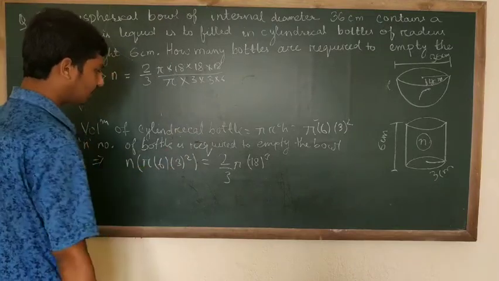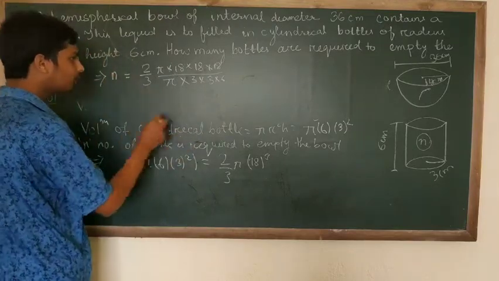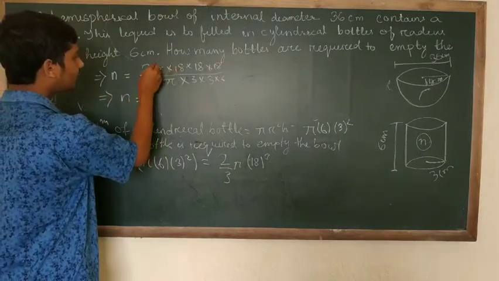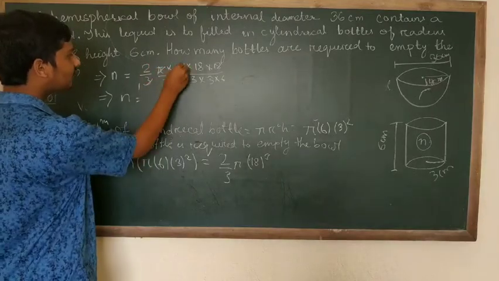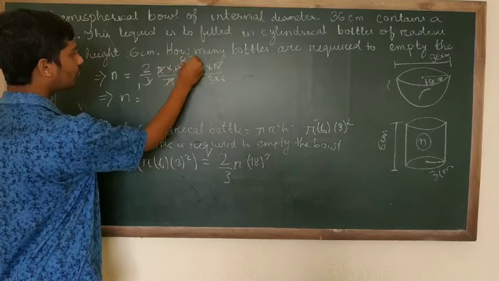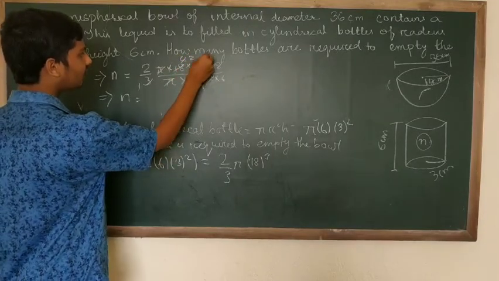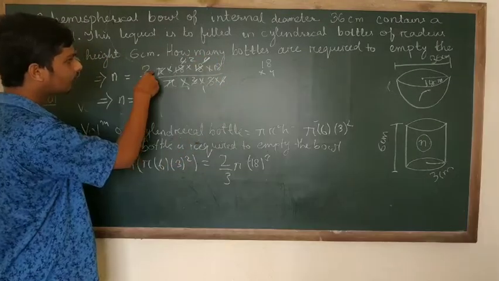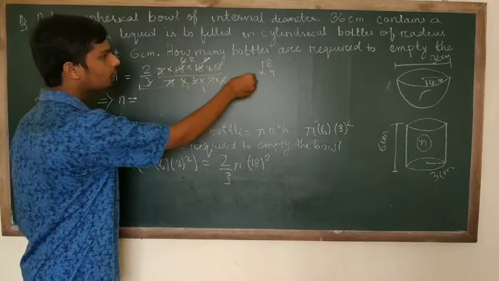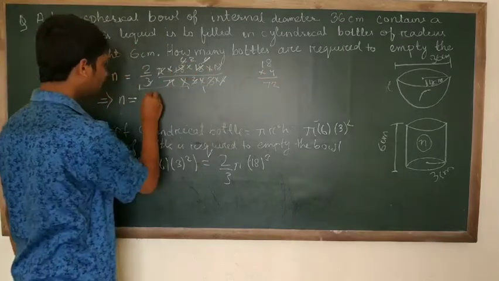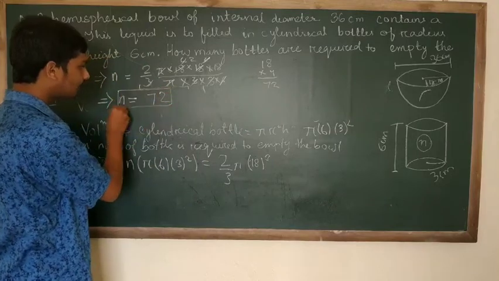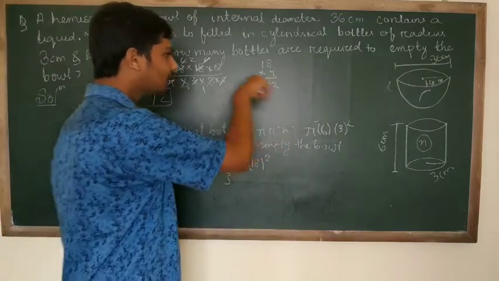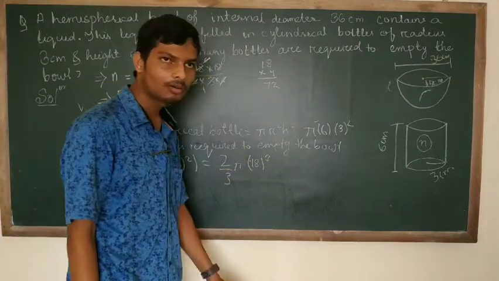This is on the other side of the equal symbol, so we can cross multiply and get n. Now we cancel: 3 and 3, 6 and 3, 2 and 3, 6 and 6 get cancelled. So this is 2 into 2, 4, and 4 into 18, that is 72. So how many bottles do we require to empty this hemispherical bowl? We require 72 bottles to empty this hemispherical bowl.